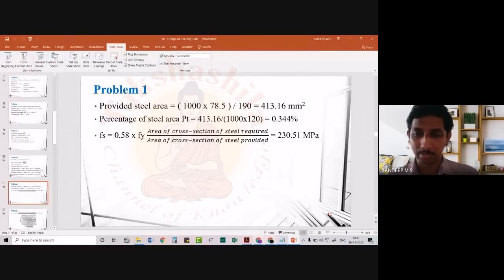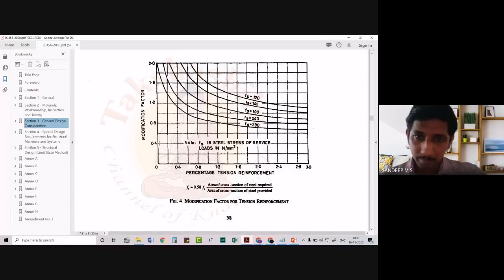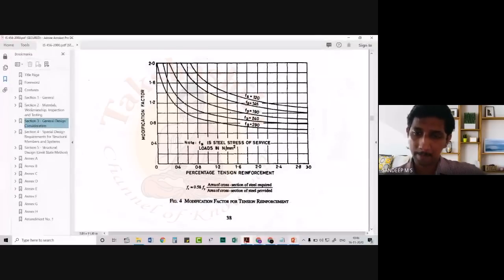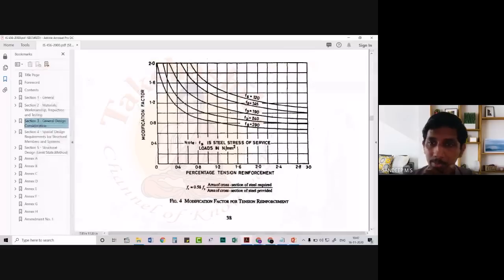Now we will come back to our code. So our Fs was 230.51. So basically the value of Fs was 230.51. So if you look into that, that will be a curve in between the second and third curve. So here we have Fs is equal to 240 and here we have Fs is equal to 190, and the required value is 230.